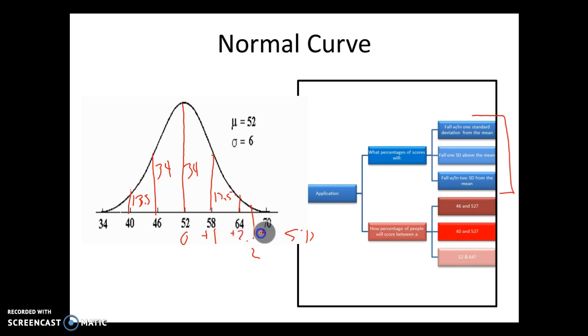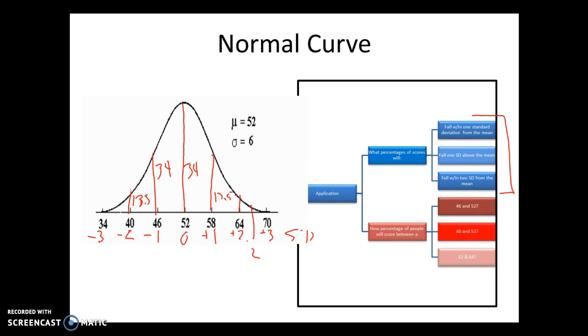The 70 would be 3 standard deviations above the mean. When we go towards the left of the mean, this is 1 standard deviation below. The 40 would be 2 standard deviations below the mean, and 34 would be 3 standard deviations below the mean. Okay. The percentages that are in these areas always stay the same.